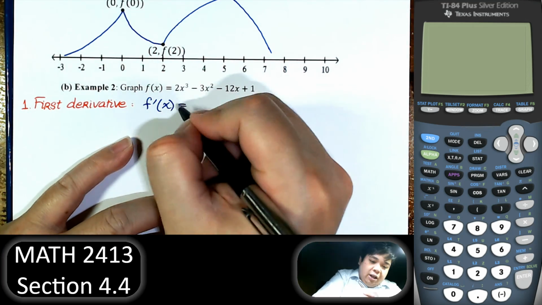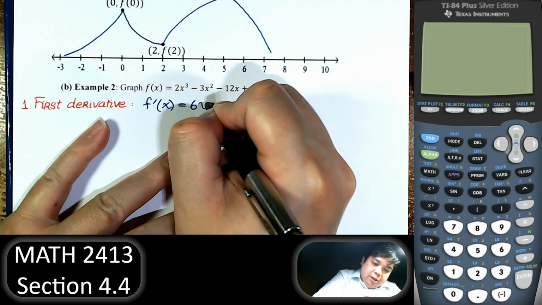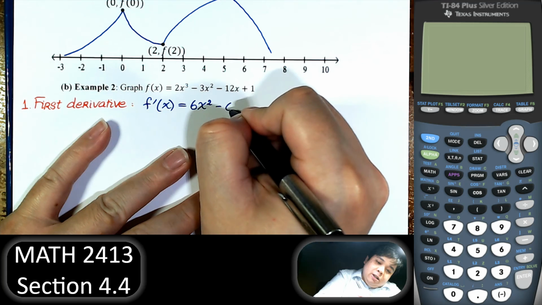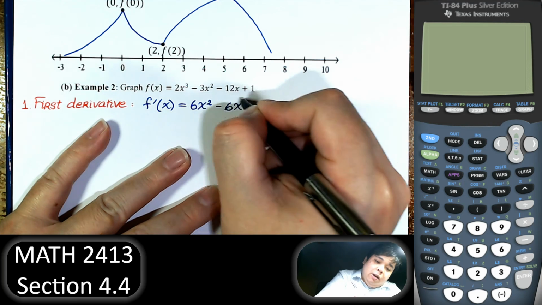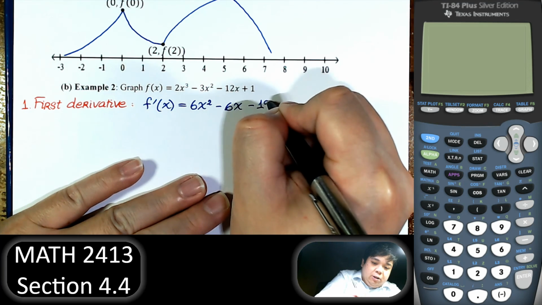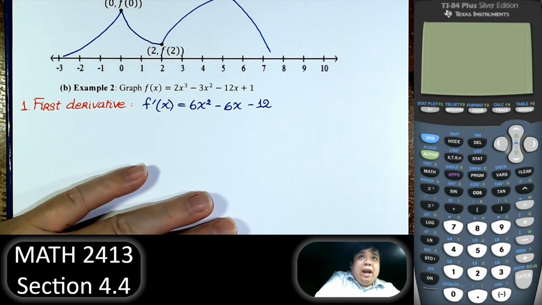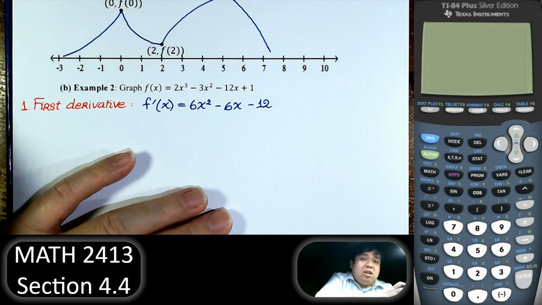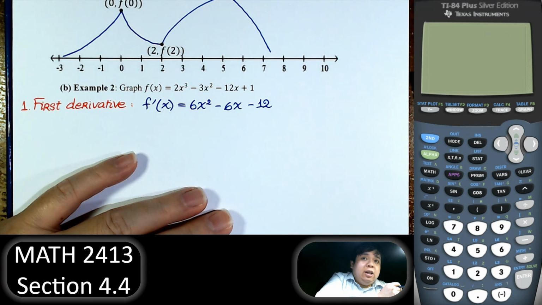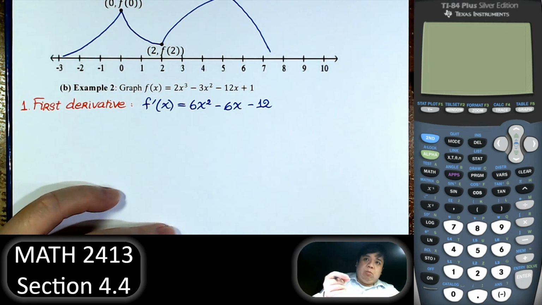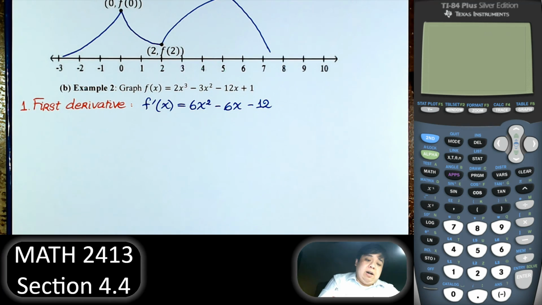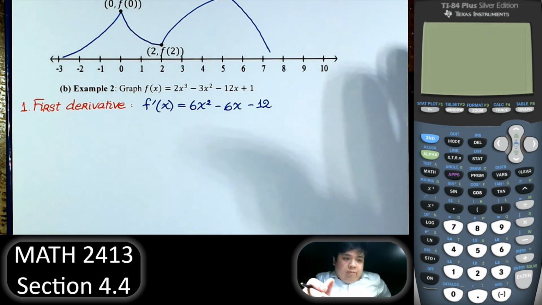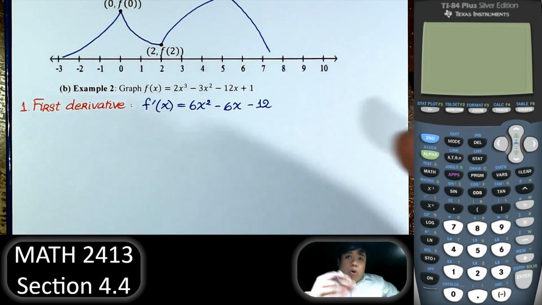That gives us 6x squared minus 6x minus 12, right? And when we have the derivative, we let it equal 0 or not exist. Potentially we will find the critical points, and then of course we test to see where it's positive, where it's negative. But the sign chart, we're going to do that later.